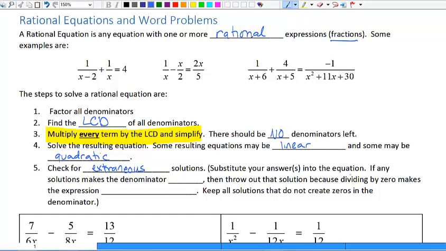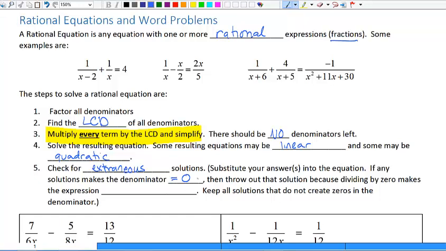Now, this one does have a shortcut, whereas in the last lesson, to check for extraneous solutions, you didn't have a shortcut. The only thing that would make one of these values that you get for an answer extraneous, or invalid, is if the solution makes the denominator equal to 0. That would be the only bad case.